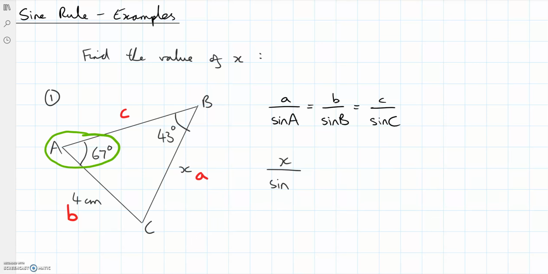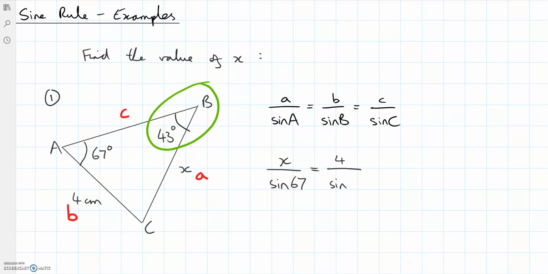So x over sine 67 is a over sine A equals b over sine B. So little b is the value of the length, which is now down here. So b is 4 centimeters. So I can put 4 over sine of the angle B. The angle B is here, which is 43 degrees. So I can sub 43 in here. I don't need this third part of the formula. I don't need c because I've got no information there. And here I've got enough information to solve this now for x.